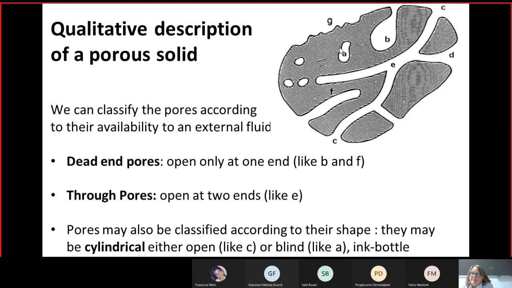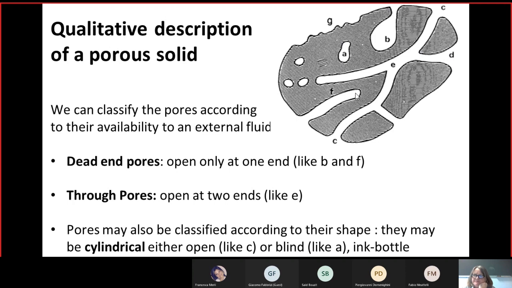They can be ink bottle shaped, as in B. It's hard to see, but at the top, B is open, and it looks like a bottle. So it has a neck here, and then a bottle shape. They could be funnel shaped, like D. It's wide here, and then it gets more narrow as you go in. And they could be slit shaped, maybe a bit like F, just a little slit.